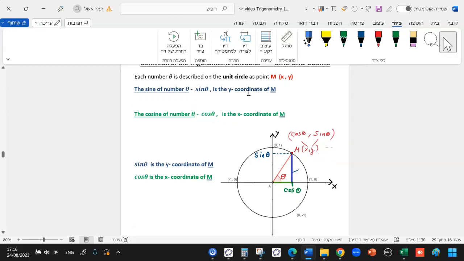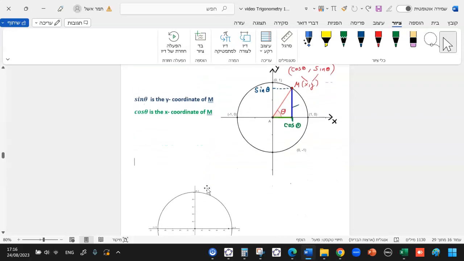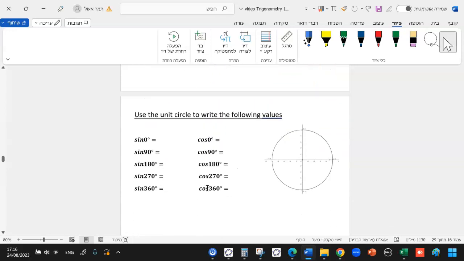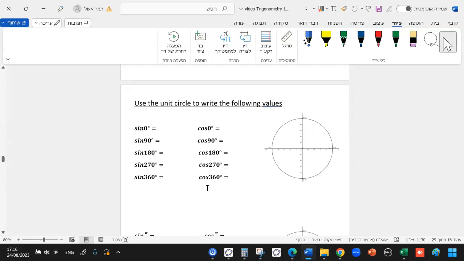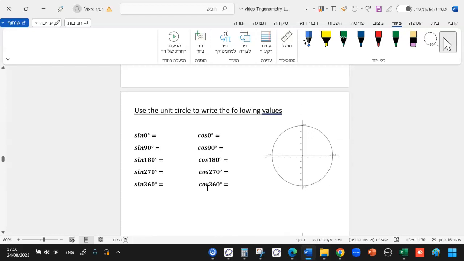Let's look at some values of sine and cosine. We know the coordinates of these values, so we can find them. So, what is sine 0 and cosine 0? We go to 0 degrees, described as this point.